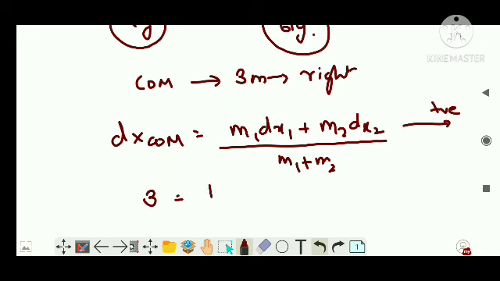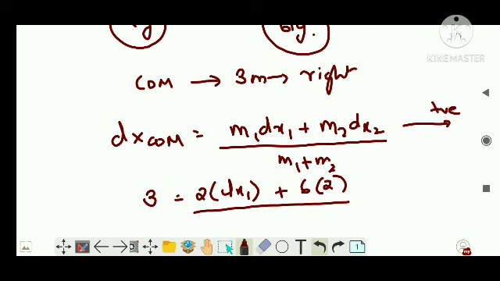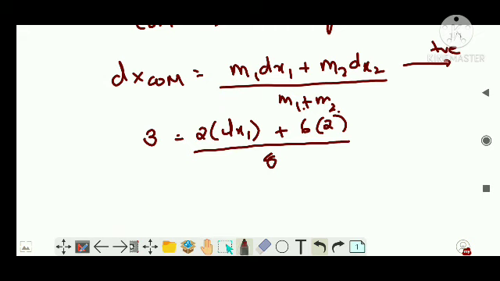M1, what is the M1 mass? Let's say it is 2. And what is the position change of 2? I don't know, that is what you are supposed to find. Plus M2, what is M2? 6. How much is it shifted to the right? It is shifted by 2. M1 plus M2 is 2 plus 6, that is 8. Now it is solvable.